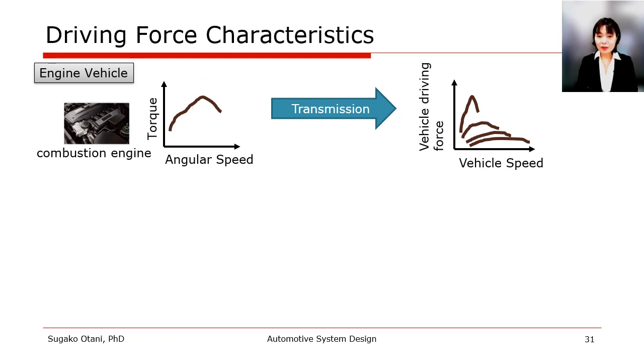The right graph shows the vehicle characteristics with the horizontal axis showing speed and the vertical axis showing driving force. The red dotted line indicates vehicle requirements: large torque at low speed and a constant output at middle to high speed. A multi-stage transmission is needed to bridge the gap between engine characteristics and vehicle requirements.